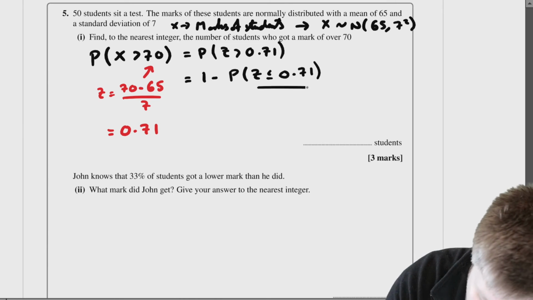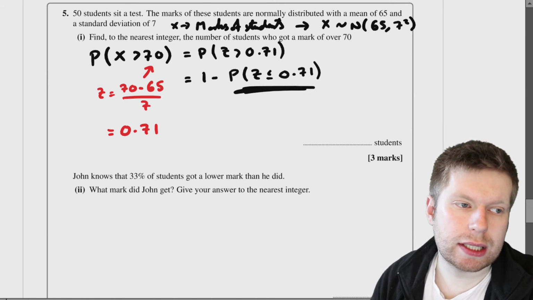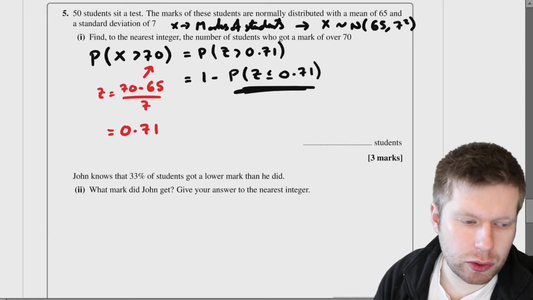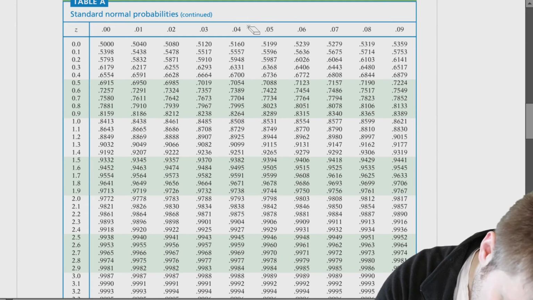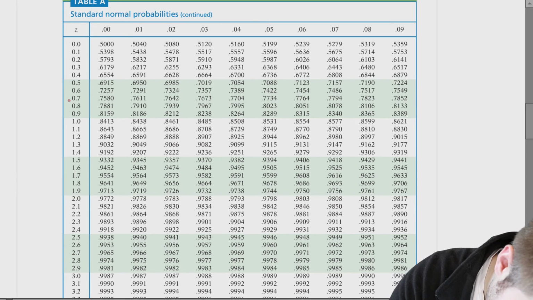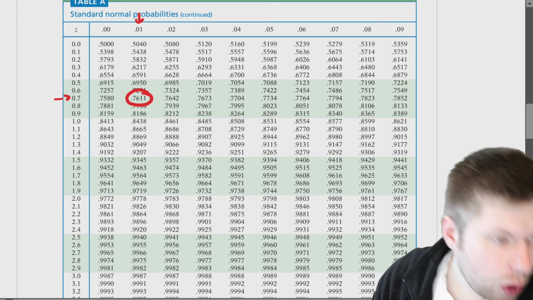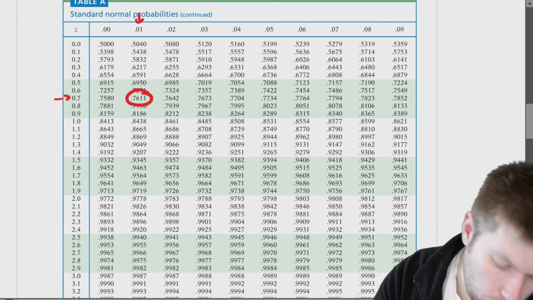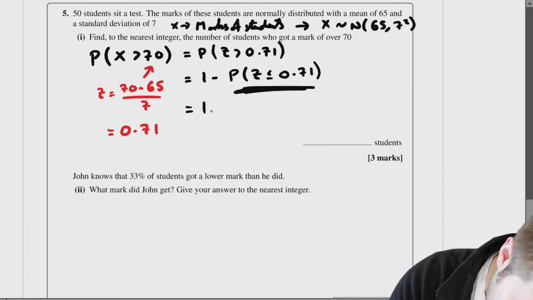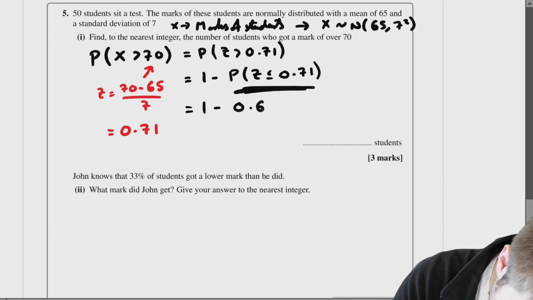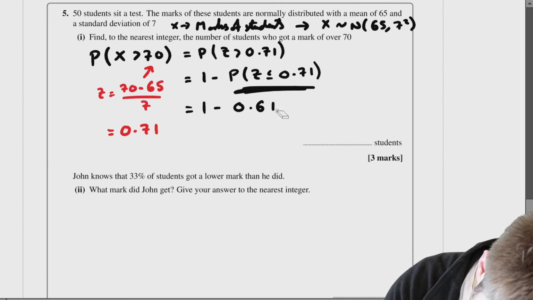So let's first of all find this part: the probability that I obtain a value which is less than or equal to 0.71 units of standard deviation from the mean. Let's jump over to our tables. Let's look for 0.71. I'm looking at that value there, which is 0.7611. Now obviously I need to do 1 minus, so 1 minus 0.7611.